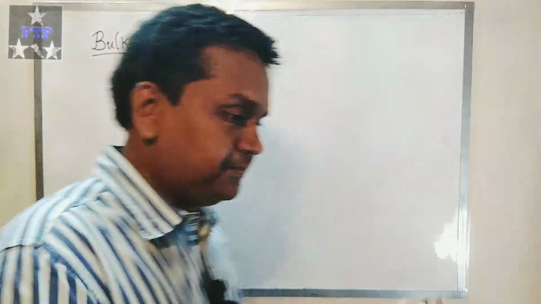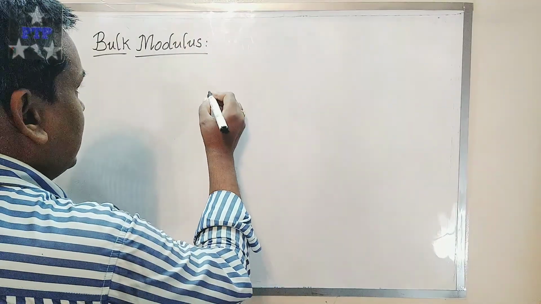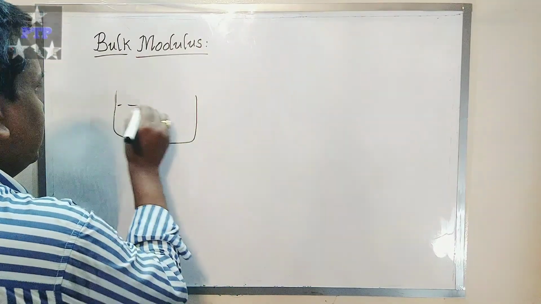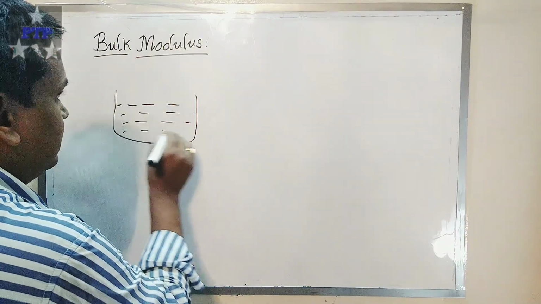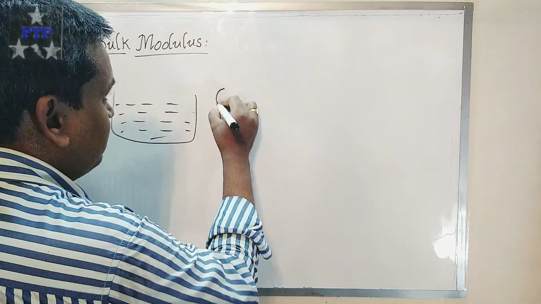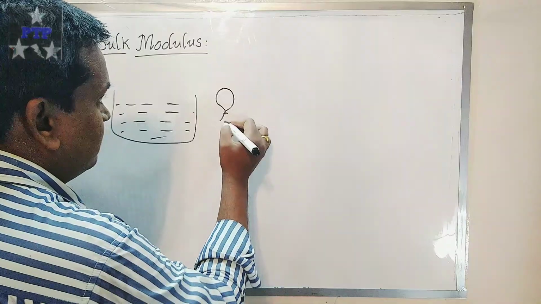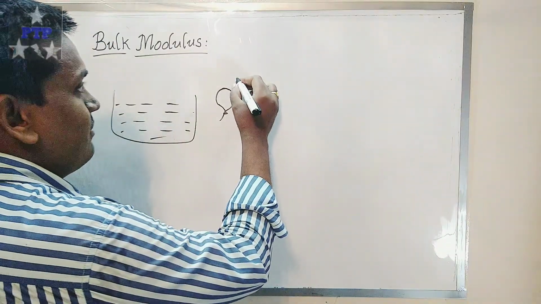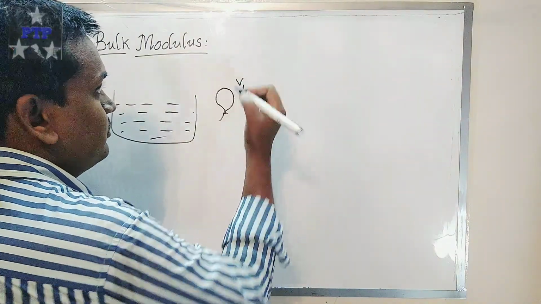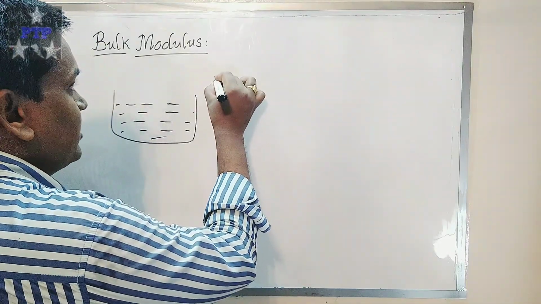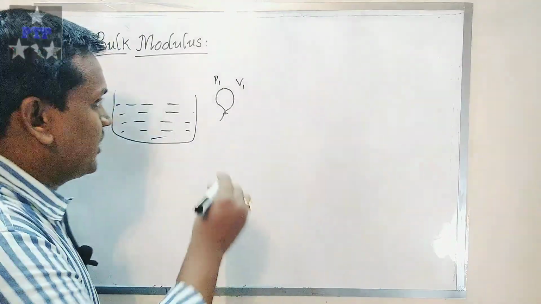So you consider a part of water. Initially you consider a balloon. It has some volume V1 and some pressure is acting on the balloon, that is P1.